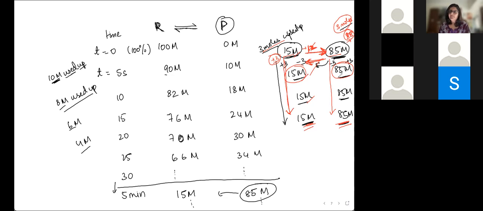But what makes it an equilibrium is that the forward reaction, R reacting to give P, is the same as the backward reaction, P reacting to give R. For example, for this one, like you said, 85 moles overpowers the reactant, so that is why it's also giving it back.